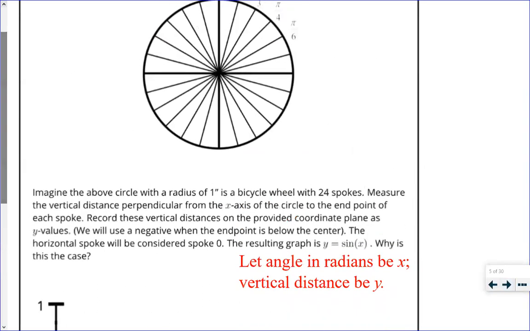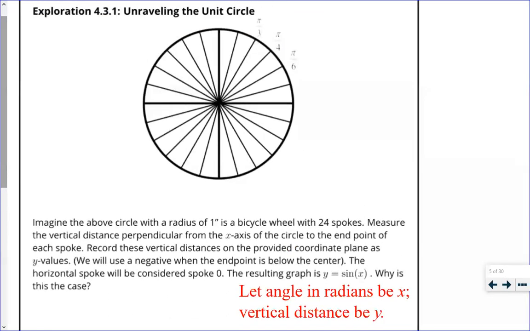And we want to call the X value the angle of that spoke, of where we are, and the Y value the vertical distance from the end of the spoke to the X-axis.